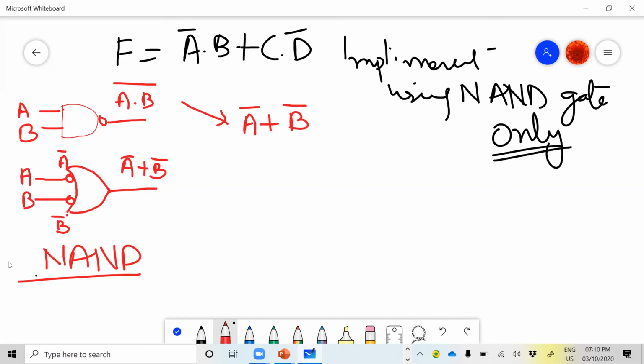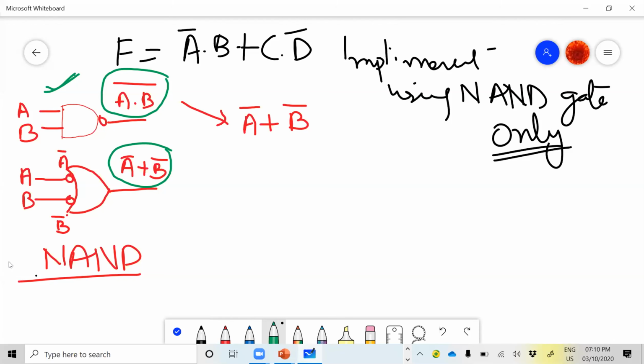Whenever you have a multiplication term, you will use this kind of representation. If you have any sum term in your function, you will use the other kind of representation. If you follow the rule, you can implement any function with the help of these gates.